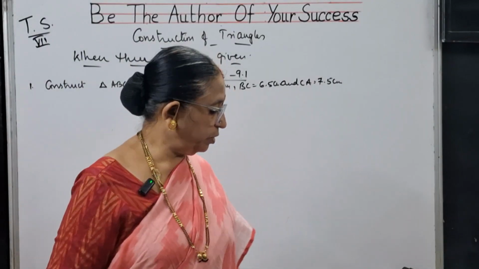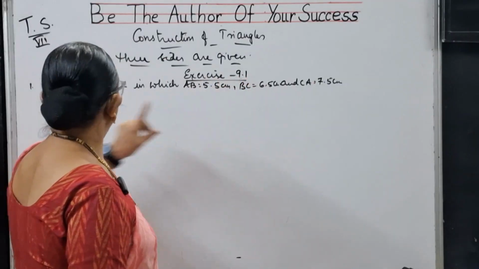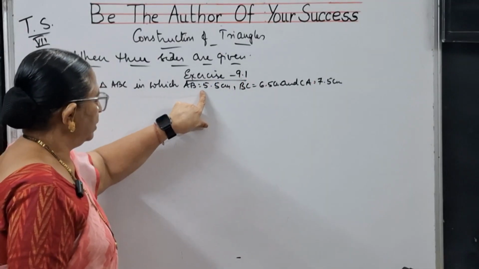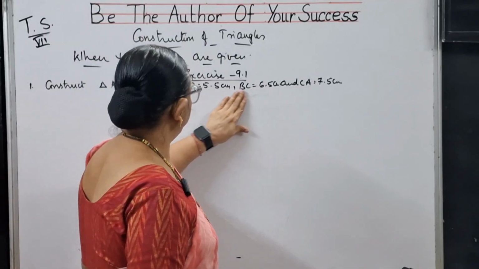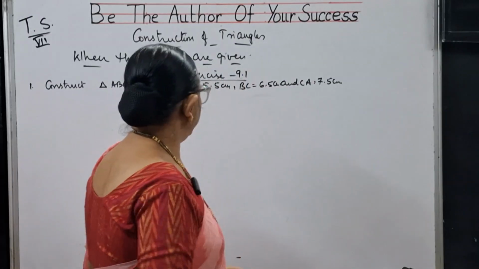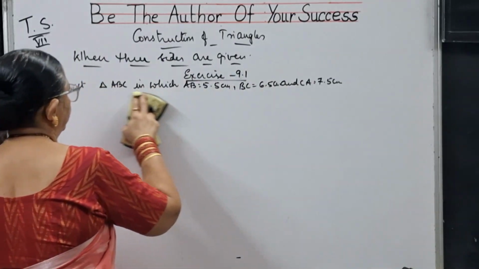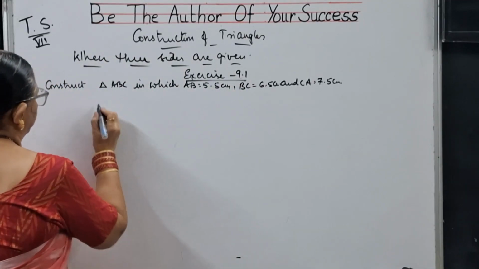Now we are going to do exercise 9.1. In this, the first one, construct triangle ABC in which AB is 5.5 centimeters, BC is 6.5 centimeters and CA is 7.5 centimeters. So let me do this construction, children. First, as I said, a rough diagram.